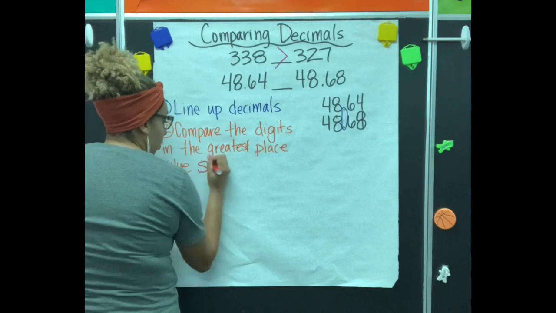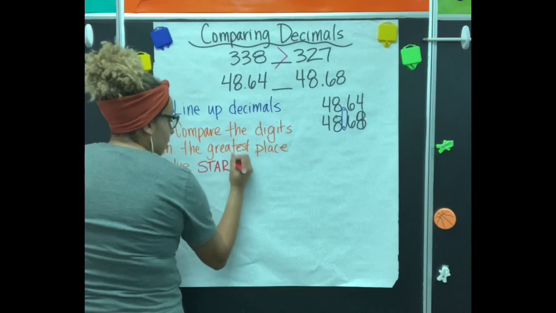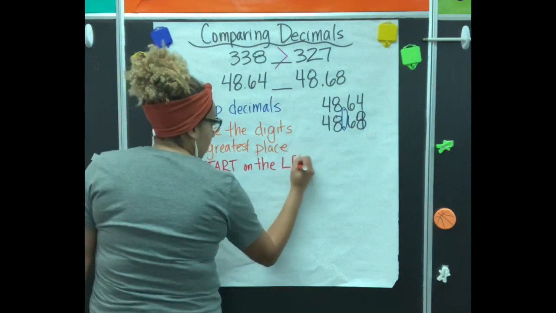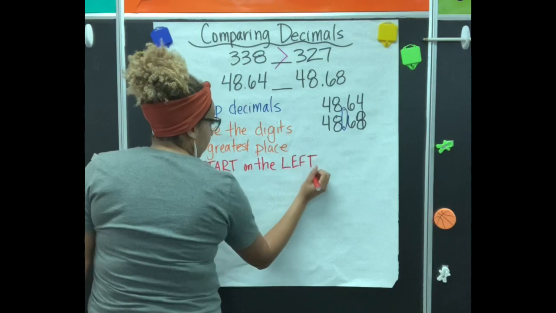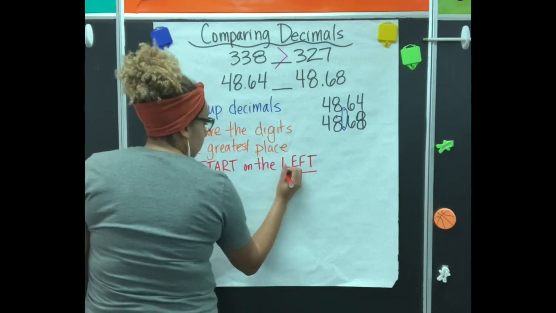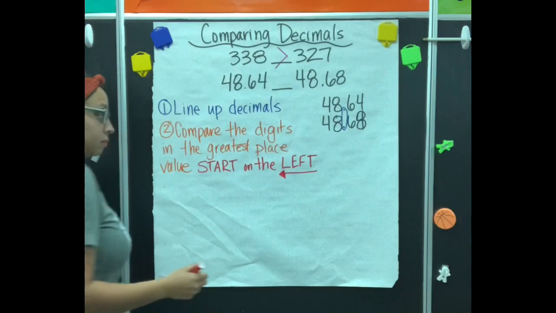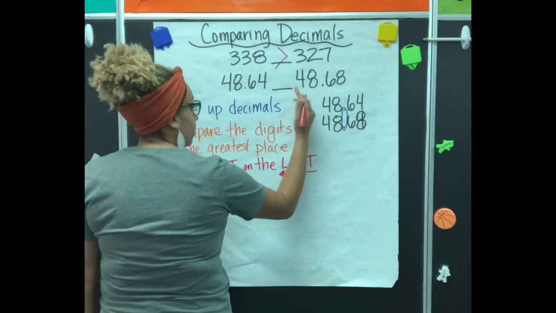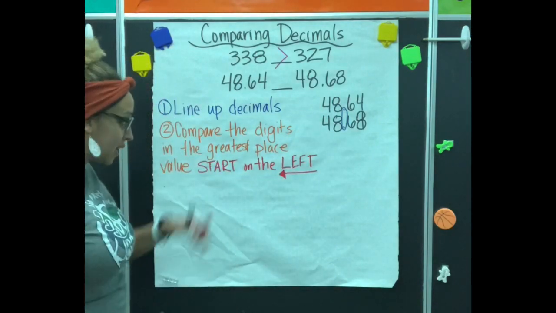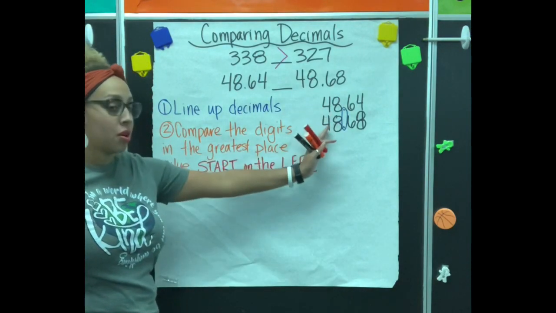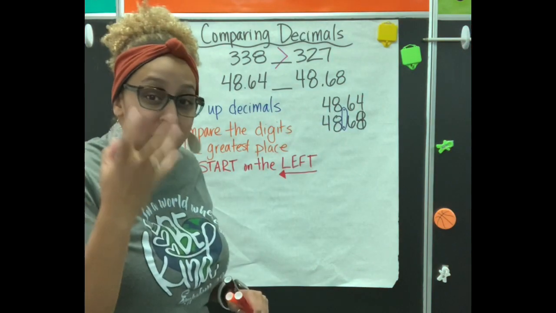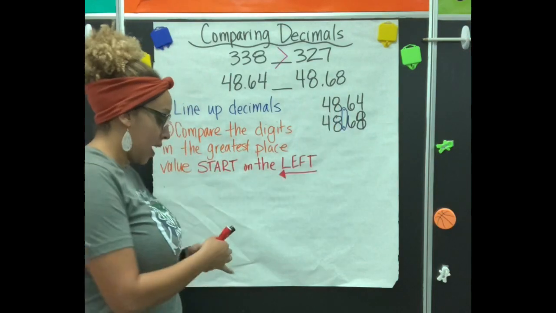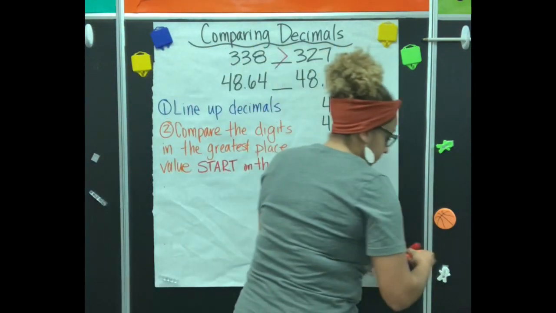So that means that we are always going to start on the left. So we're going to start on the left. That means we're going to start right over here on the left. And my greatest place value is what? Not the value, but the place. What is it? It's the tens place. Okay? So we're going to start in the tens place.